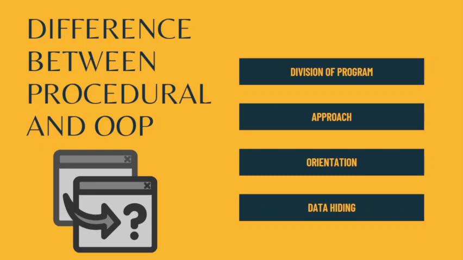Okay, so now let's look at some key differences between procedural programming and object oriented programming. There are many differences, but we'll be looking at these four main differences because they really highlight the importance of object oriented programming. First, division of program.